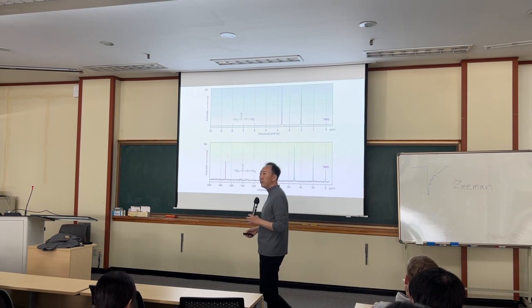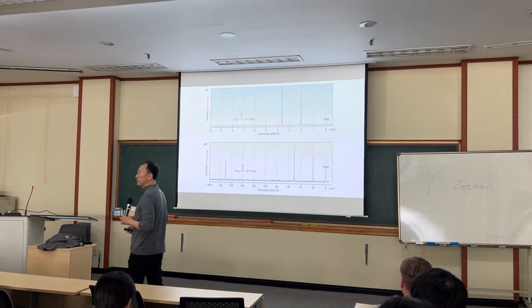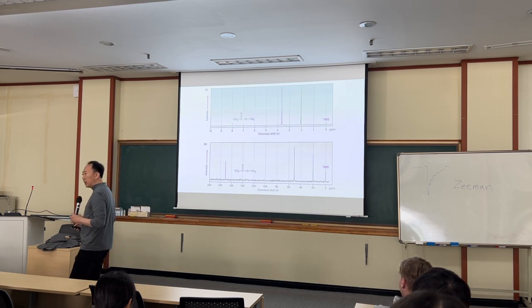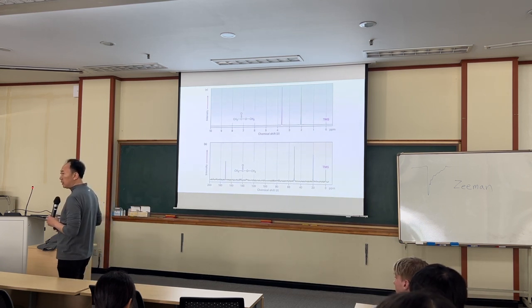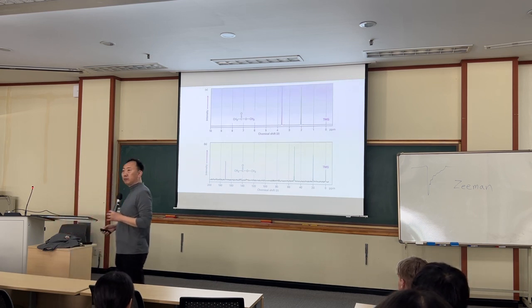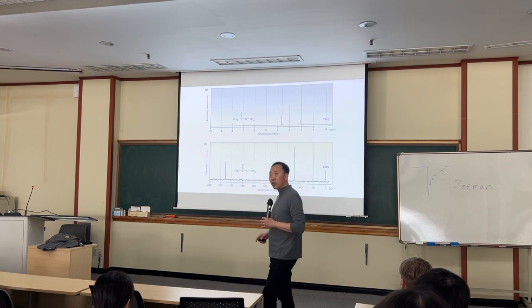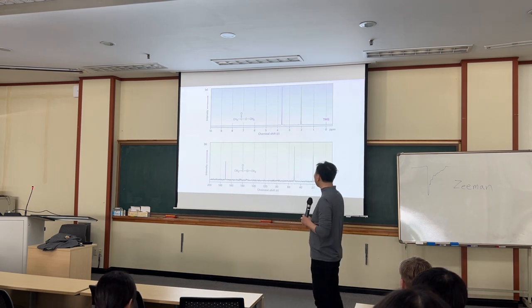The unit is ppm. What is a ppm? Parts per million. Okay? It's like a percent. So that means there is a reference value here. The reference value may be in the middle.